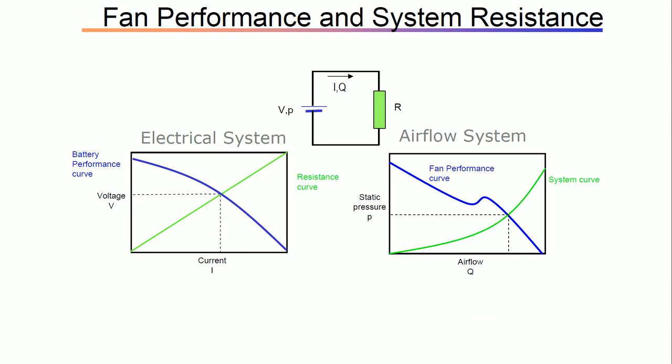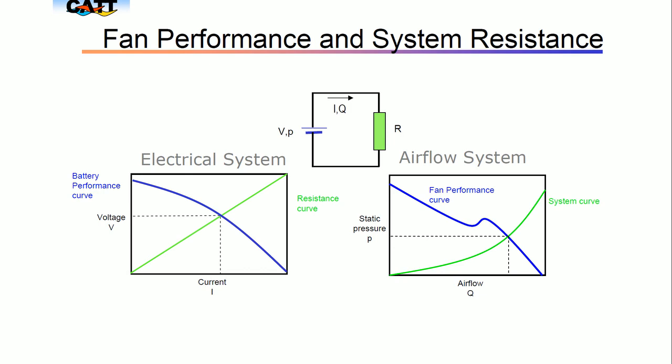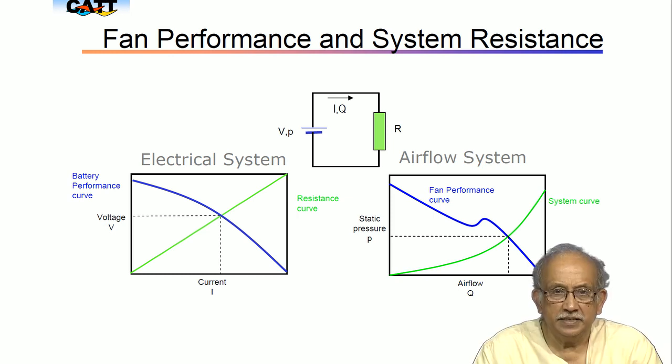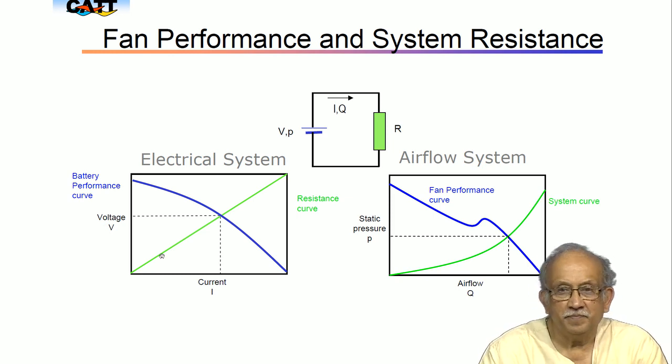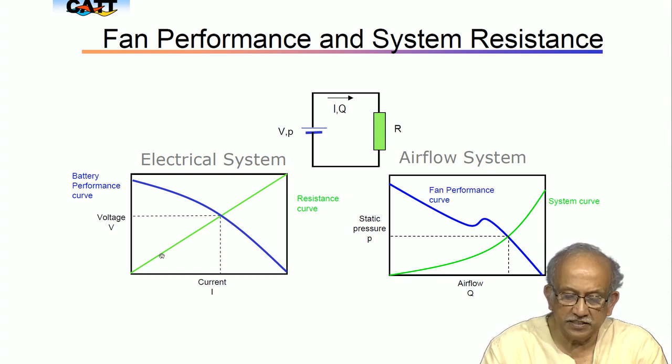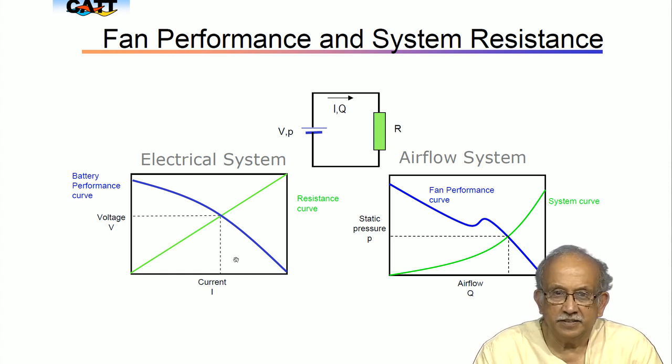Now, our problem is, how do you decide 2 things? This is something which we understand very easily. Typically, this is a load curve. As we know, if you increase the voltage, the current will increase.